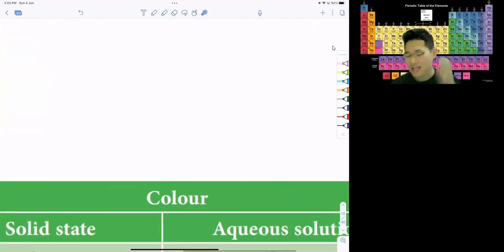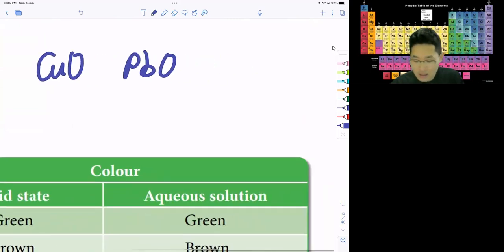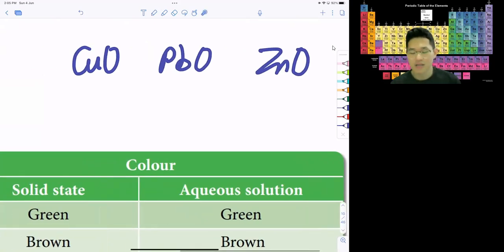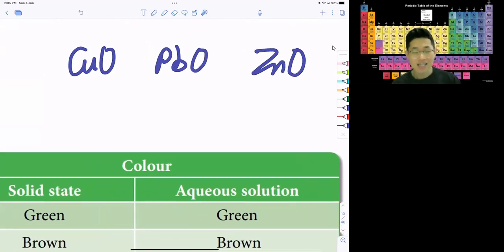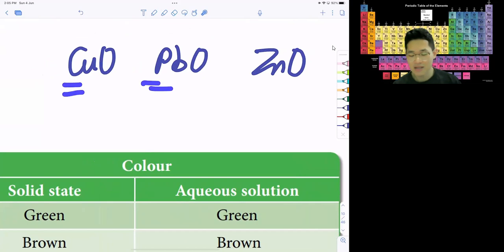I also use another method, which is like this. Since they like to ask me CuO, PbO, and ZnO, I put them into a sequence from A to Z: Cu first, then Pb, then Zn.